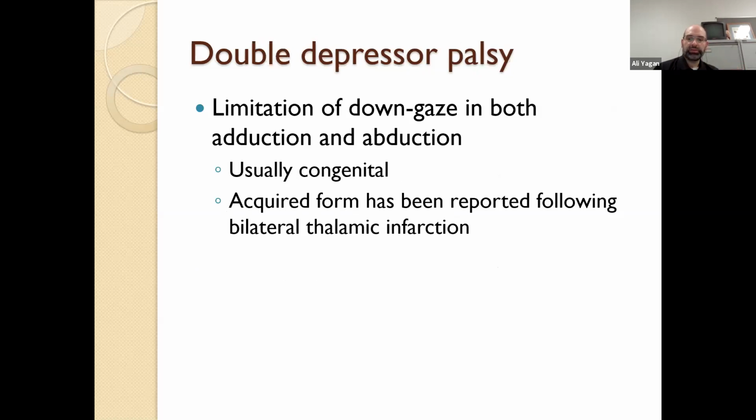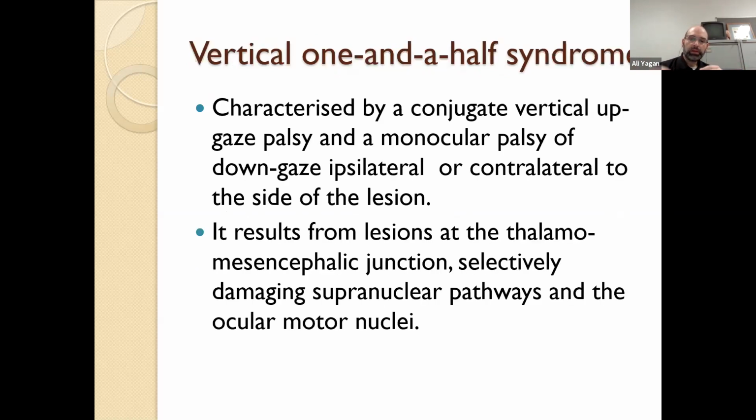Double depressor palsy is the reverse, so the affected eye cannot look down, usually congenital. There's something called the vertical one-and-a-half syndrome. That means one eye cannot look up and cannot look down, and the other eye cannot look up. So you have limitation of elevation in both eyes, and in one eye limitation of depression.